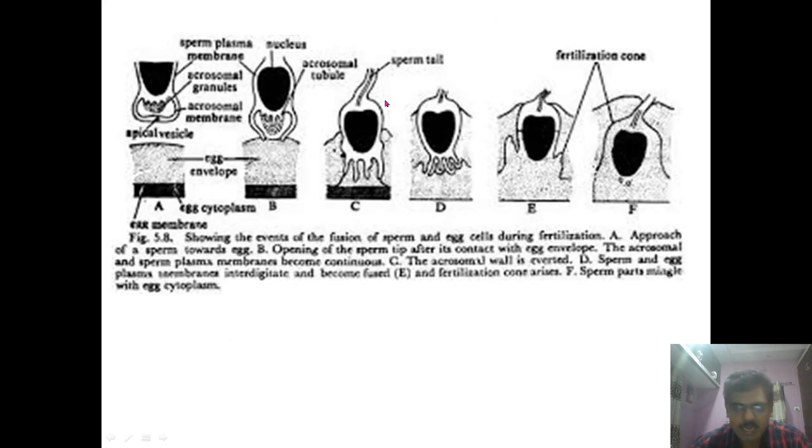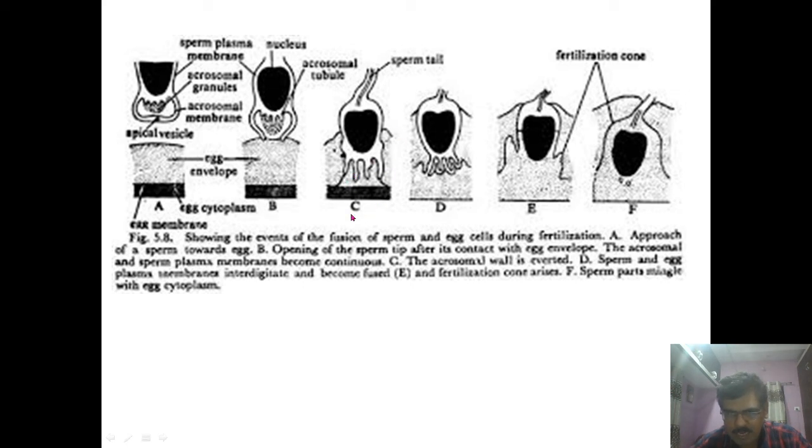Then in the second step, the approach of the sperm towards the egg, and the opening of the sperm tip after its contact with the egg membrane. This is the egg membrane and this is the sperm tip which is attached to it. The acrosome and the sperm plasma membrane become continuous.